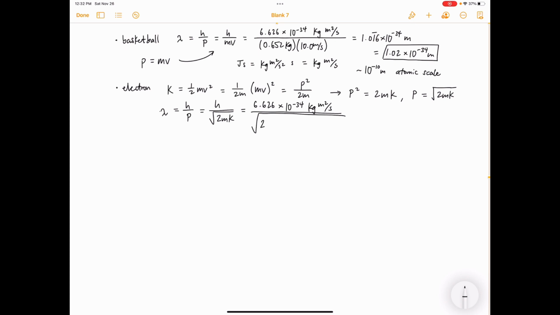All right, we're talking about an electron here. So the mass is 9.11 times 10 to the minus 31 kilograms. K is the kinetic energy, and that's 1 electron volt. Okay, that's 1 eV. But we better put that in joules to make the units work out.